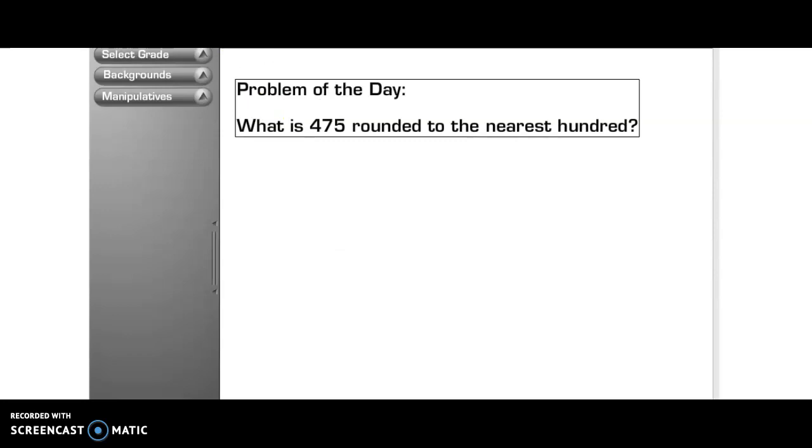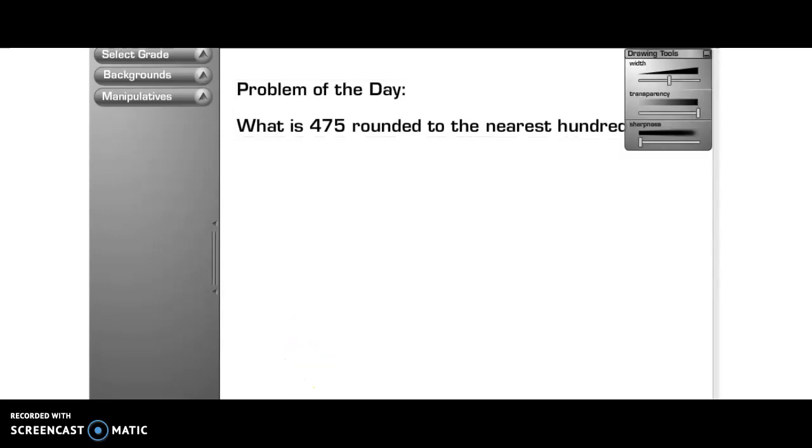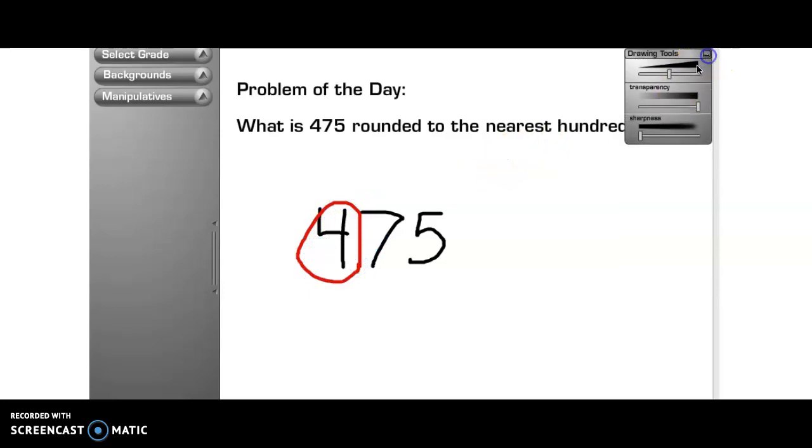The first problem we're going to have today goes back to the lesson that we did yesterday on rounding to the nearest hundred. So the question is, what is 475 rounded to the nearest hundred? So if I have 475, using the technique and strategy that we used yesterday, I'm going to circle the hundreds place because, again, it asked us to round to the nearest hundred, and then I'm going to underline the number right next to it, and that's a 7.